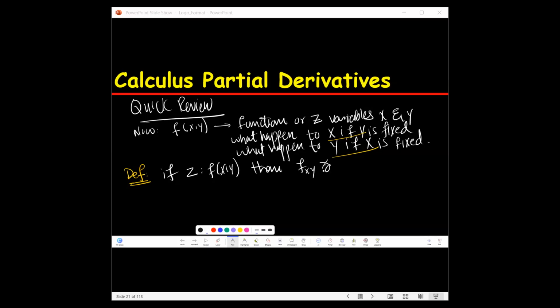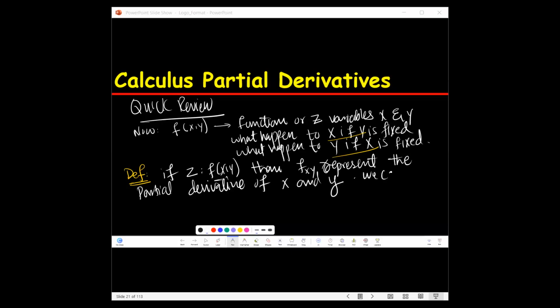So f(x,y) represents the partial derivative of x and y.